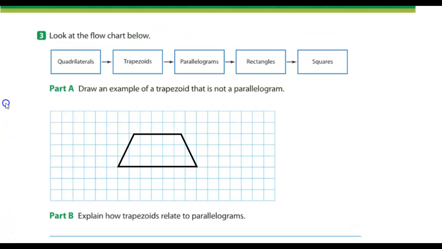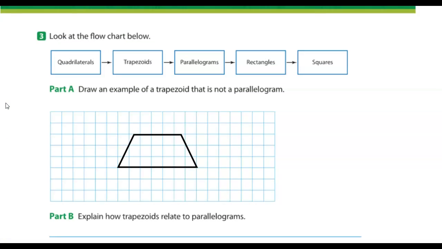So let's look right up here really quick at this chart to help you understand a little better. Remember that when we move to the right, we get more specific. When we move to the left, we get more general. So we have parallelograms and then we have rectangles. So rectangles will have maybe one more characteristic to them than just your standard parallelogram. So all rectangles are parallelograms, but not all parallelograms are rectangles.